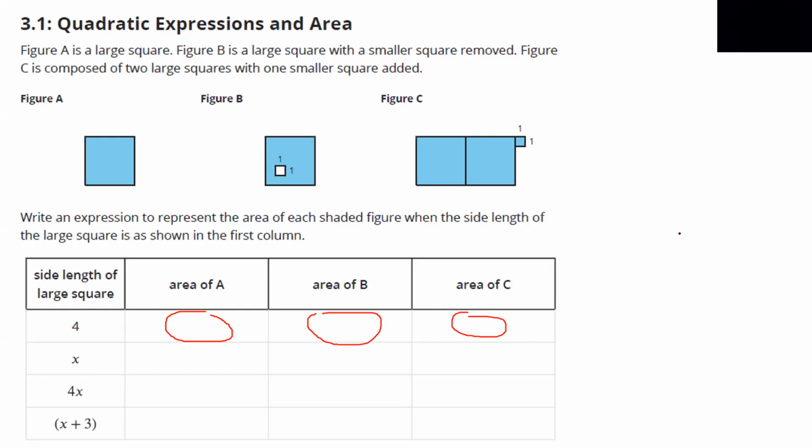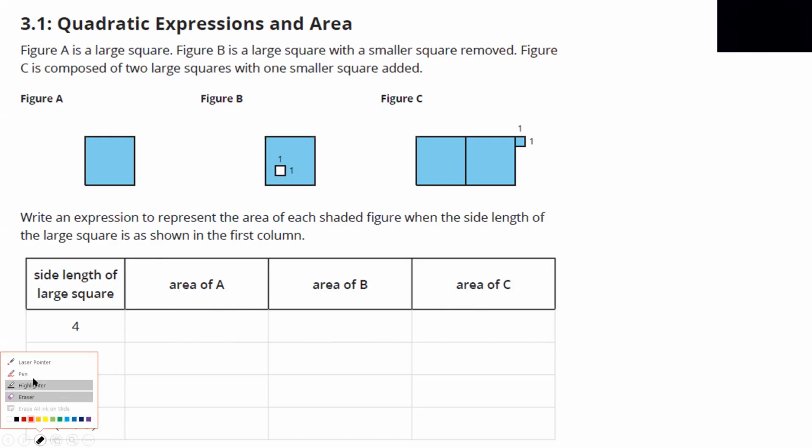Okay, so now let's go over this warm-up. Here we need to figure out what the area is of figure A if our side length of the square is 4. Because this is a square, all 4 sides are equal, so this side will be 4.